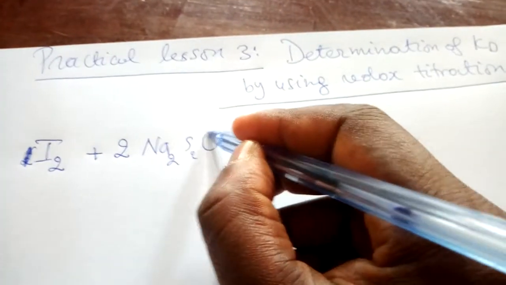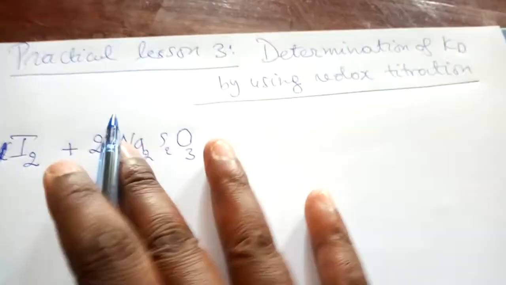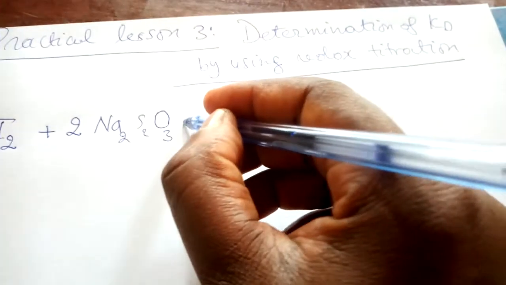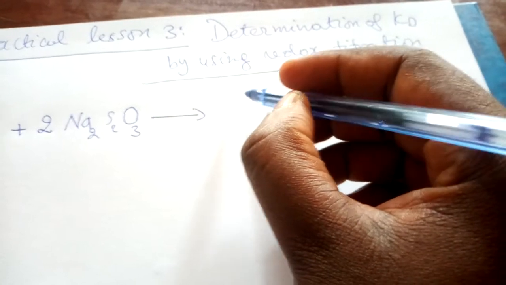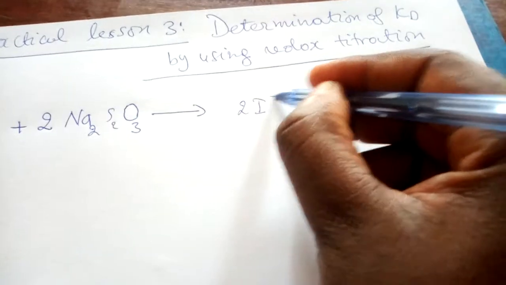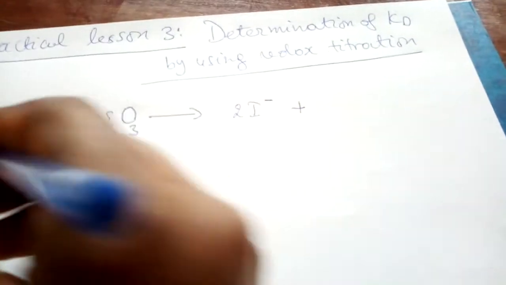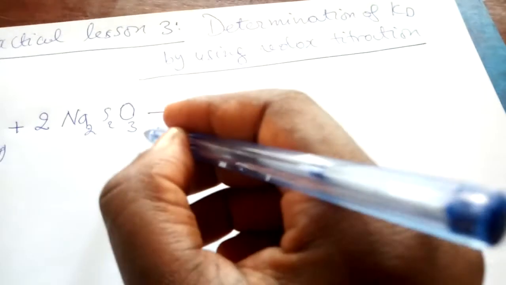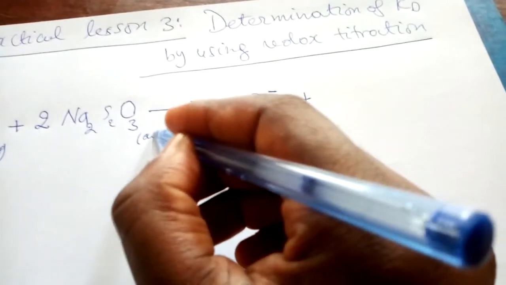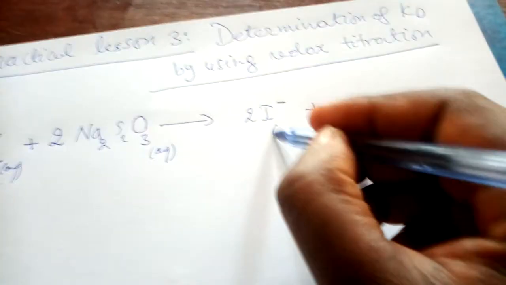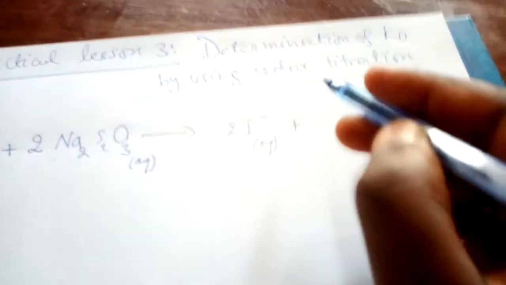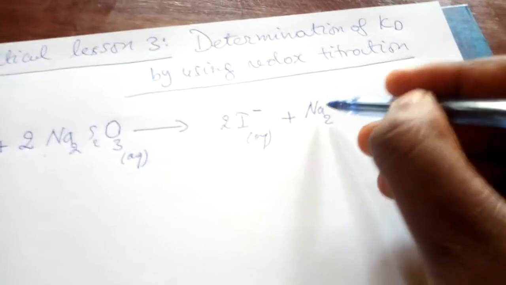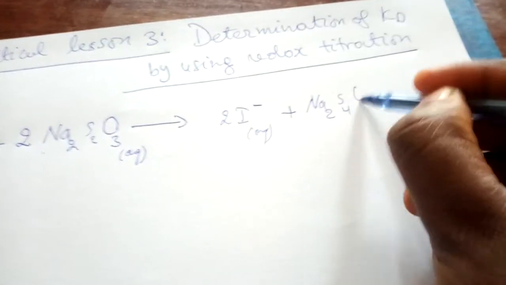thiosulfate. Sodium thiosulfate is oxidized to give 2 iodide, since you use aqueous iodine and aqueous sodium thiosulfate, and here we also have sodium tetrathionate.